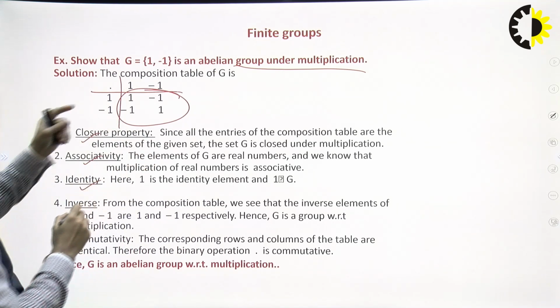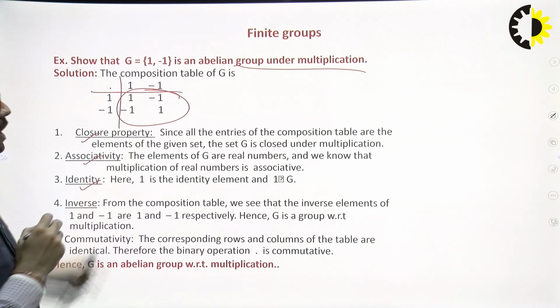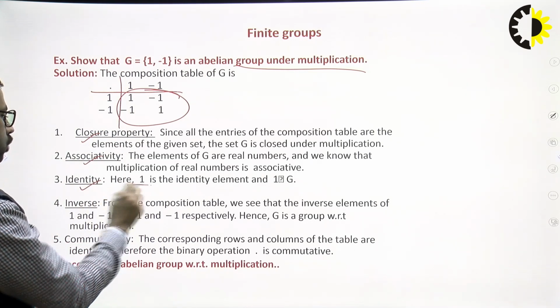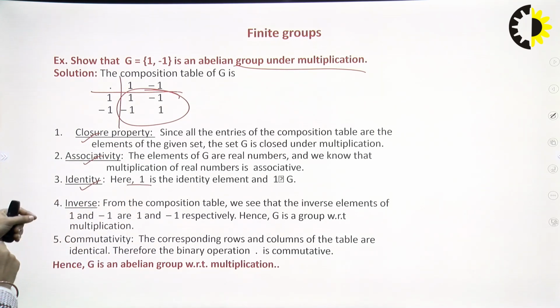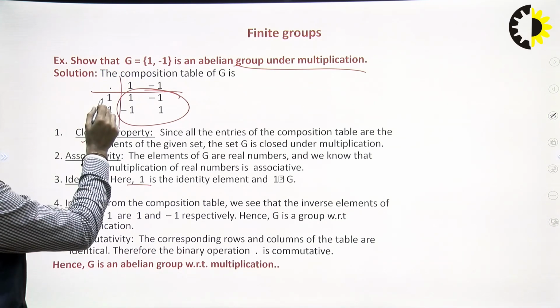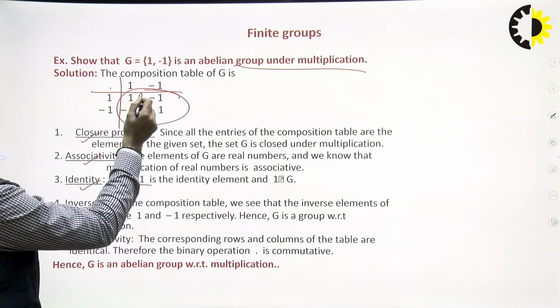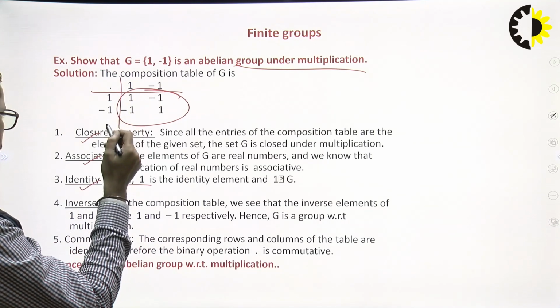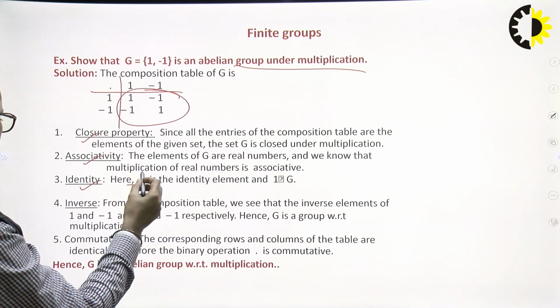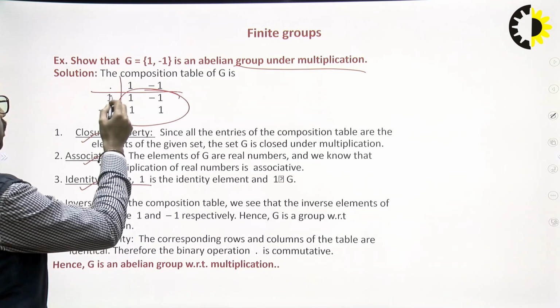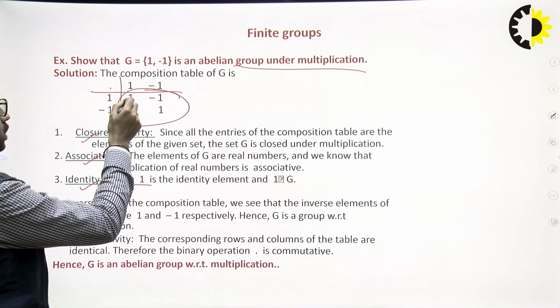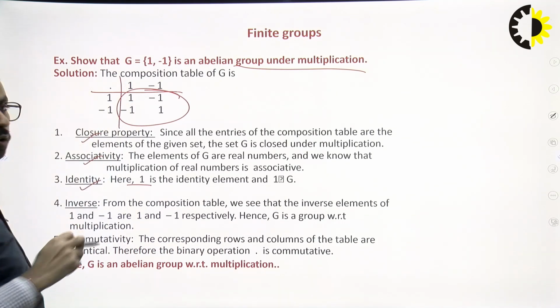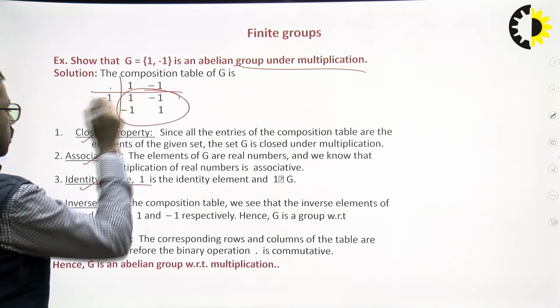The identity element in the multiplication case is 1, so it also exists. For the inverse value, for the case of 1, the inverse value is the same, 1, and for the case of minus 1, the inverse value is minus 1.